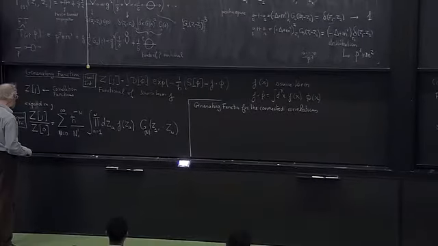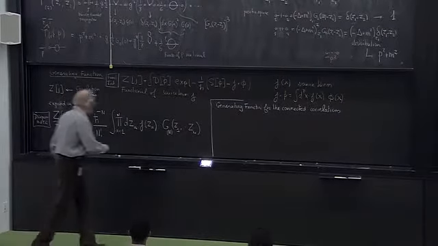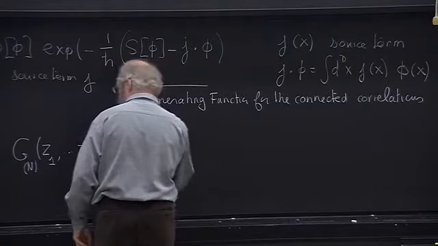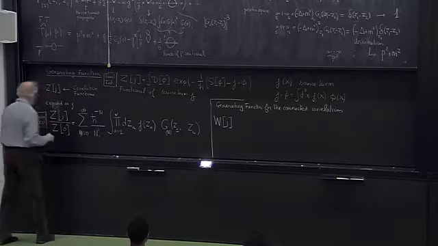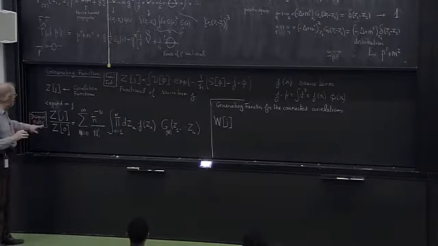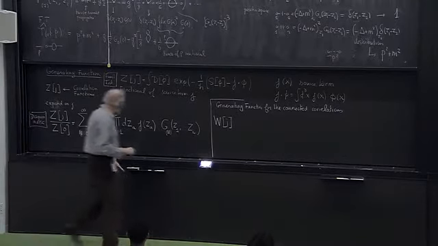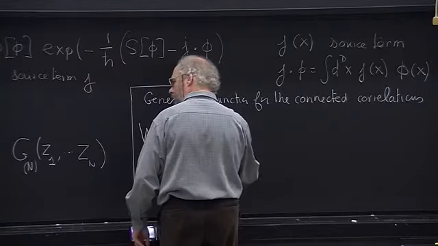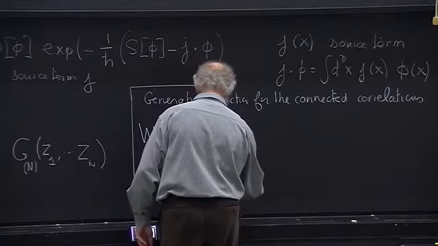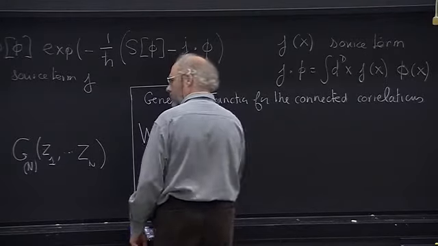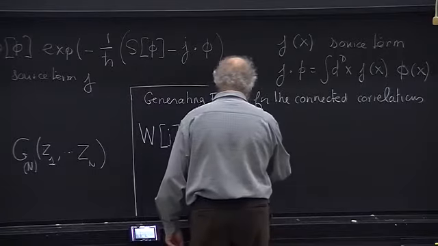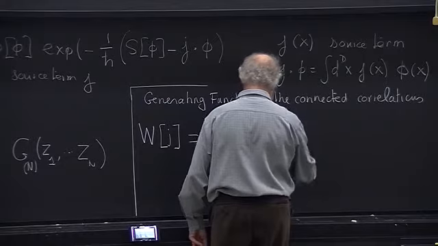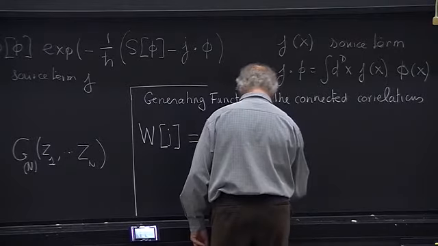I'm going to define it in a simple way, as W of g. Technically it's often called W, because W comes before Z. I'm going to define it in exactly the same way, as a formal series, a sum from n equals 0 to infinity of h bar to the power 1 minus n divided by factorial n. For technical reasons, I have h bar to the power 1 minus n.